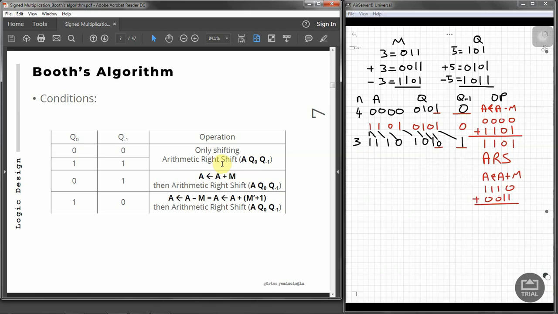So when we add them up, this is 1 0 0 0 1. We discard the end carry and we write the accumulator as 0 0 0 1, and then we write the multiplier 1 0 1 0 as it is, and that will be 1.